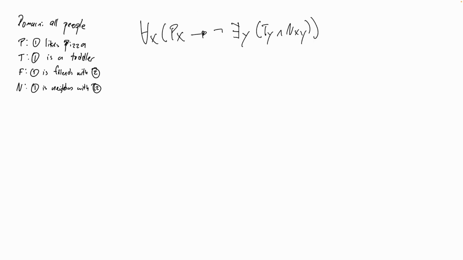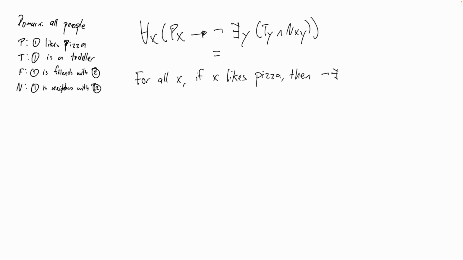Next, let's tackle for all x, if px, then it's not the case that there exists a y such that ty and nxy. Let's try doing this one without using the tactic of first making the formula one level less abstract, although you could certainly do that here if you wanted to. Let's just try paraphrasing it into English in stages. So as a start, the formula is saying, for all x, if x likes pizza, then something somewhat complicated.